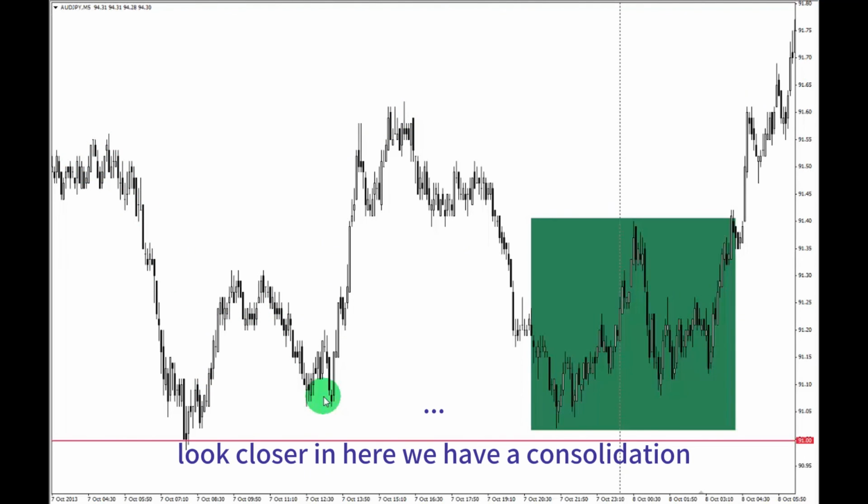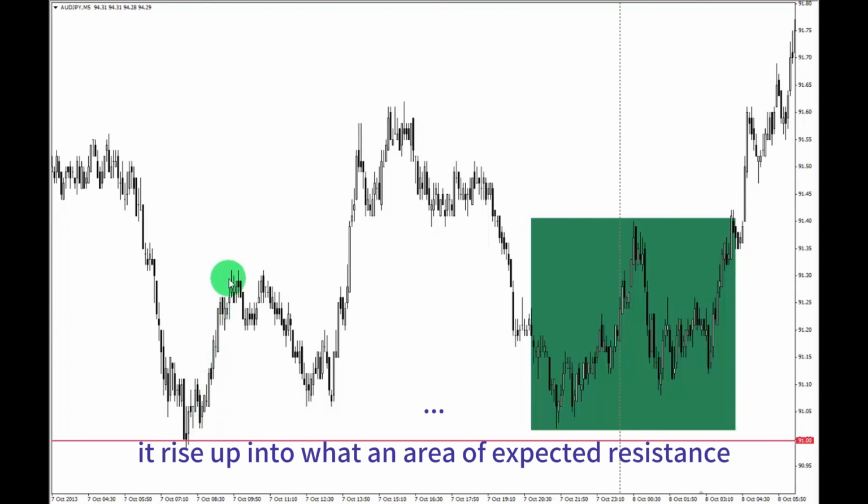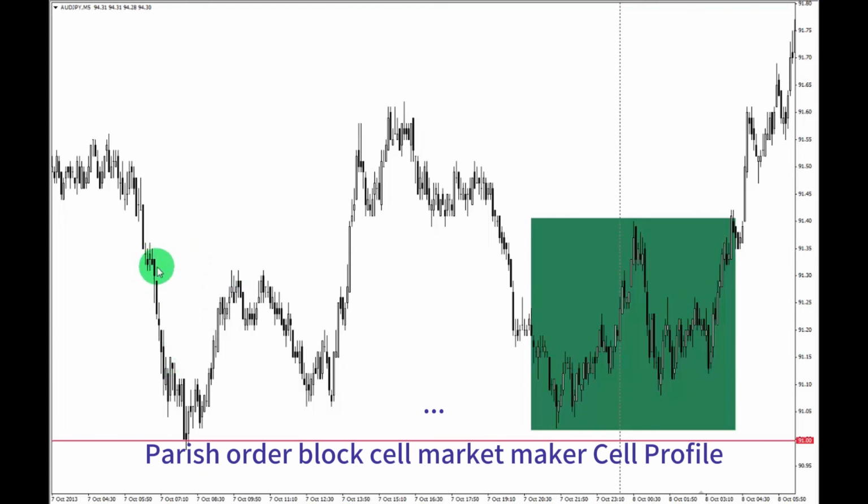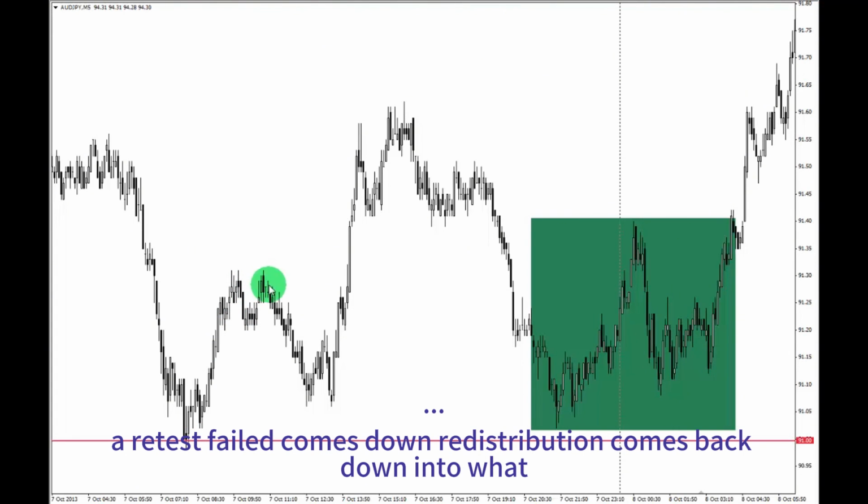Look closer. In here, we have a consolidation. It rallies up into what? An area of expected resistance. What would that be? Bullish candle prior to the move lower. Bearish order block. Sell. Market maker sell profile. A retest, failed, comes down.